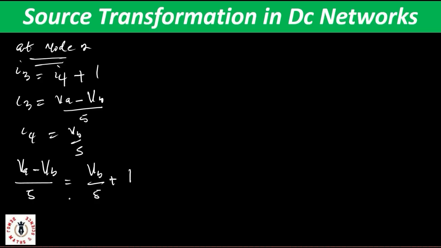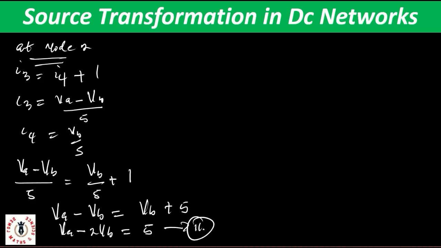So I can multiply through by 5, so that VA minus VB is equal to VB plus 5. Now let's collect like terms. So that is VA minus 2VB is equal to 5. Here's my equation 2. Let's go back to equation 1.